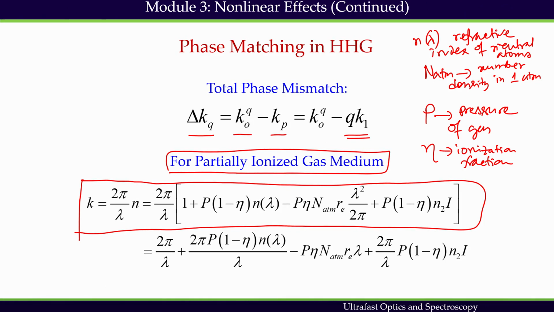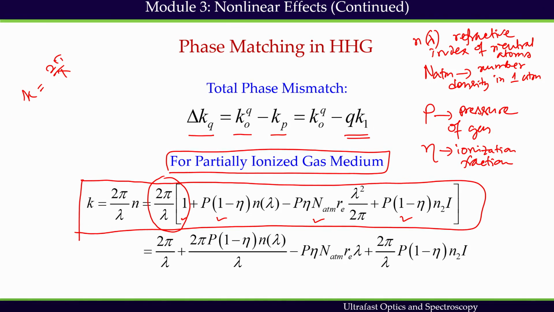So we get an expression, and we can try to understand the meaning of this expression. There are 4 terms here. The first term contributes the vacuum dispersion. We know that in vacuum, propagation is going to be 2 pi by lambda.